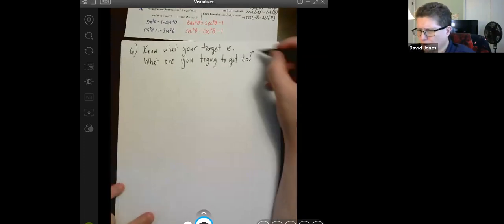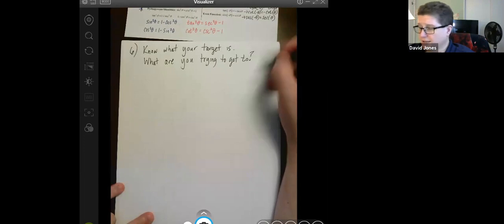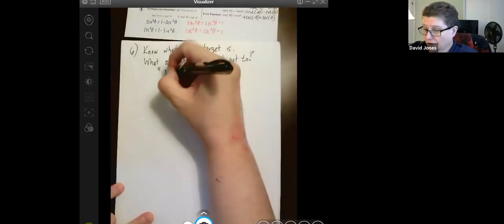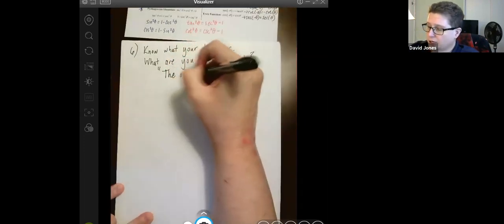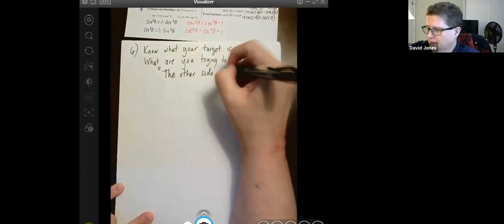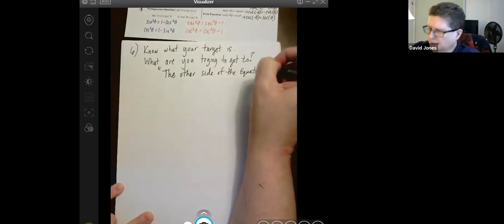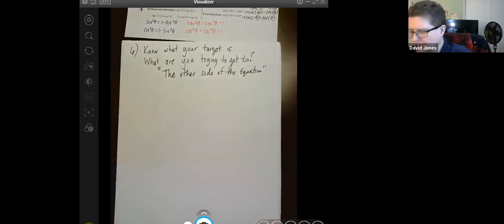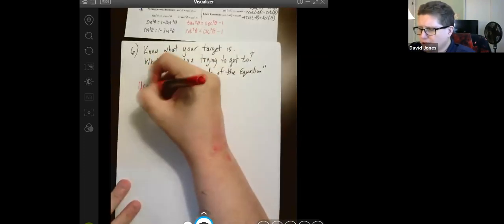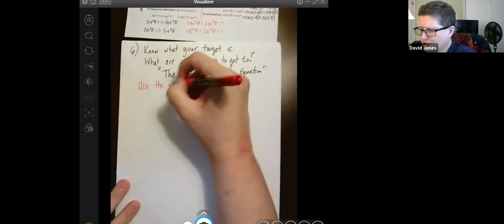If you're working the left-hand side of the equation, it's generally the other side of the equation that is what you're trying to get to. It already has its own trig functions in it. Use the other side to guide your choices.